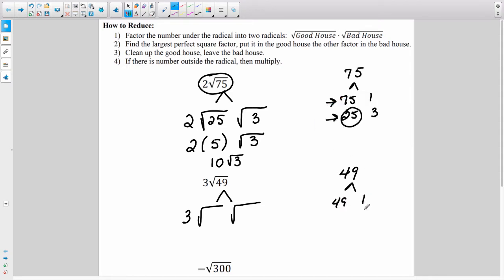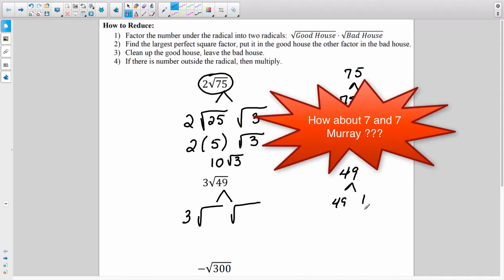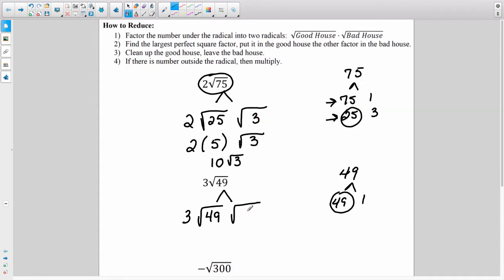I don't think there's any other factors of 49, but check it out. 49 is a perfect square, so let's put that in the good house. 49 times 1. 1's a perfect square too, so that's kind of ridiculous. So what happens when you clean this up? You get 3 times 7 times 1, which is 21. Cool. Okay, so 49 was a perfect square, so there is really no need to do this.